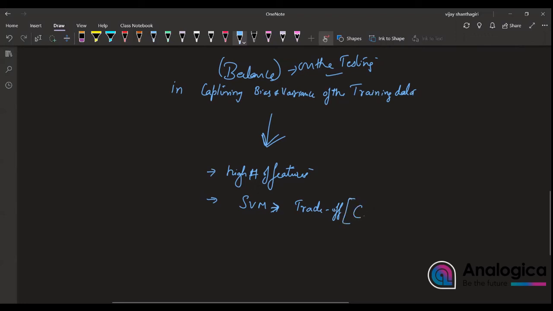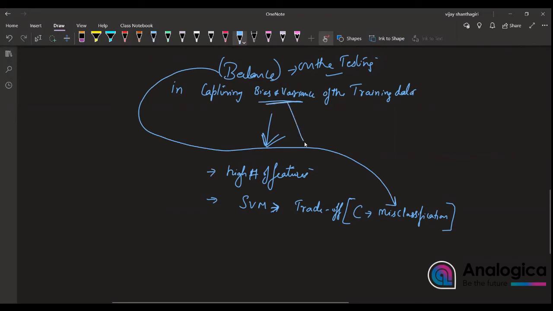That C factor that you talk about is that trade-off, the misclassification that you're allowing in SVMs. The intuition for it is directly related to this balance that we have been talking about for a long time, the balance between bias and variance.